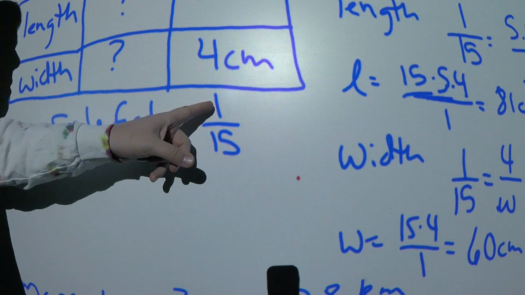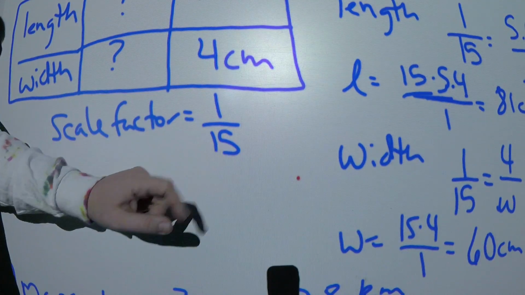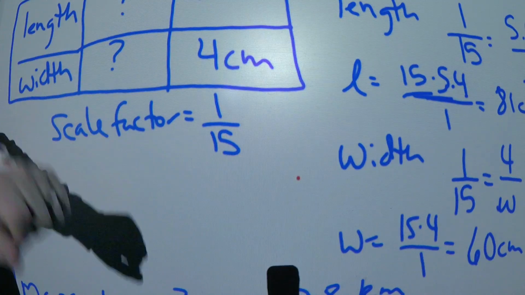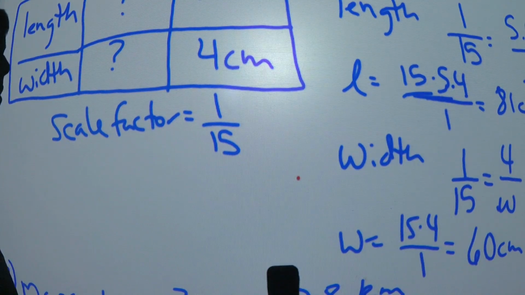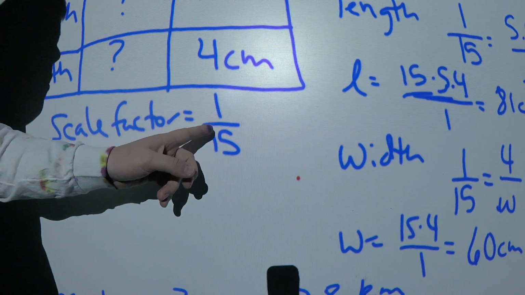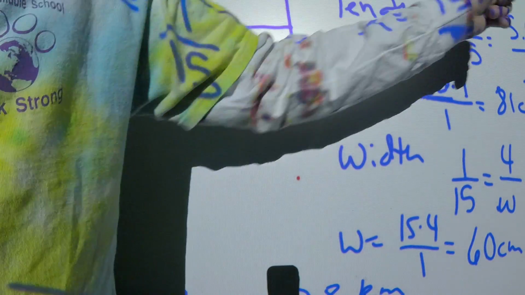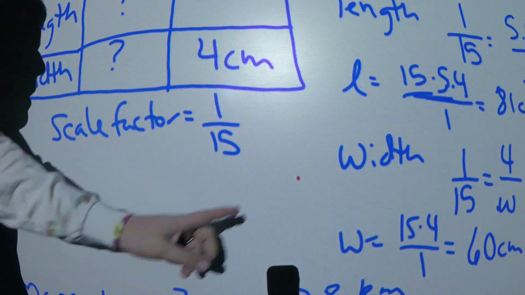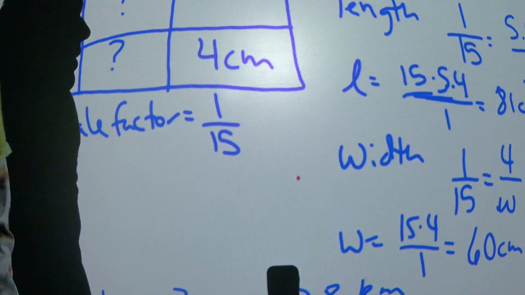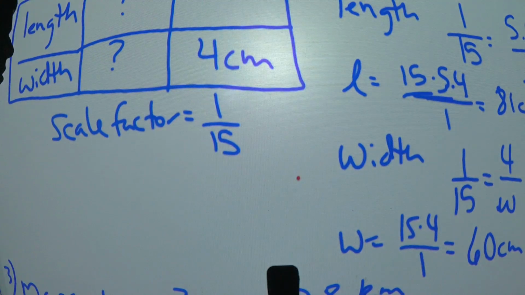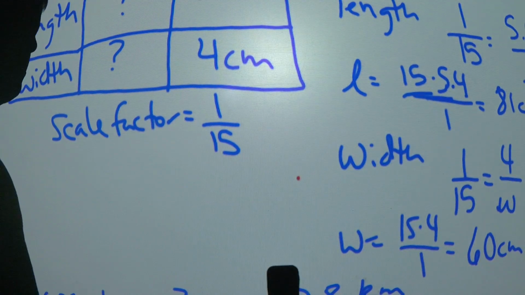And the scale is the photo over the painting, 1 to 15. Okay? Because clearly a photo is smaller than a painting. So you do it small over big. So then you cross multiply. 15 times 5.4 is going to give you 81 centimeters over 1, which is still 81 centimeters. So the length is 81 centimeters.